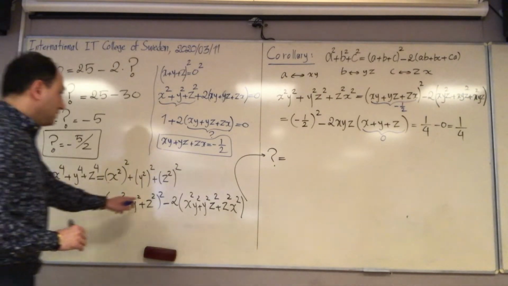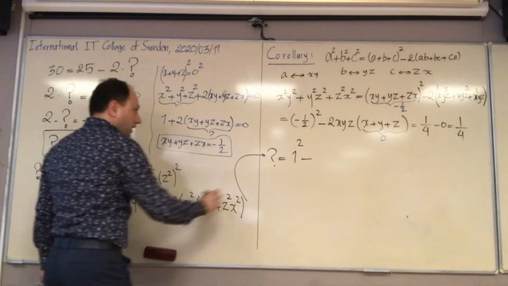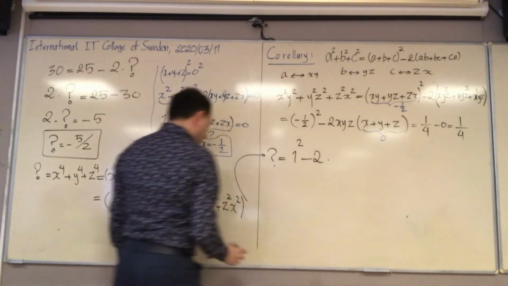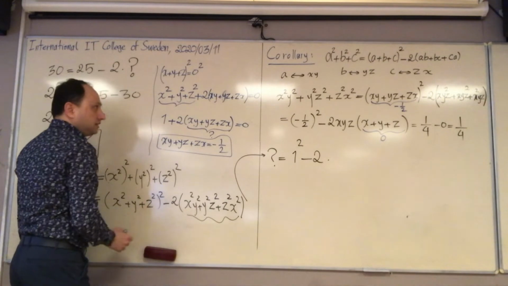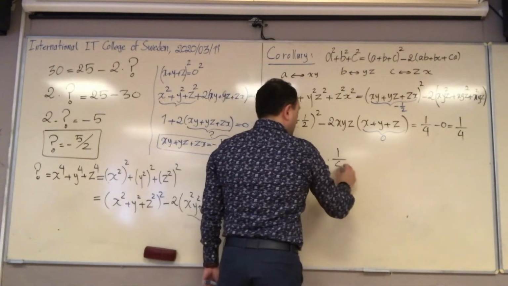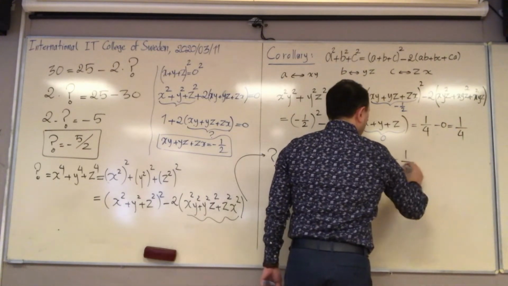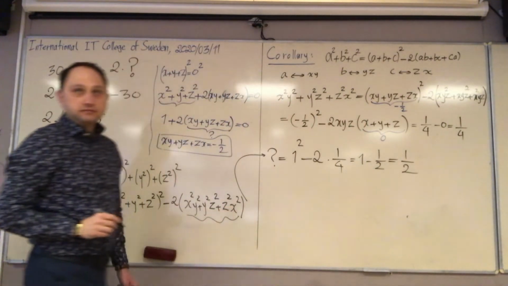It was 1. So this becomes 1 to the 2 minus 2 times, what should I replace here? I just calculated, it's 1 over 4. So then it becomes 1 minus a half. So the answer is a half. Yes?